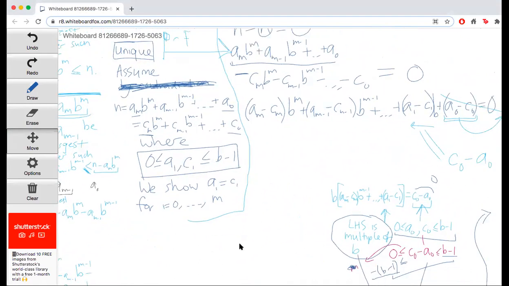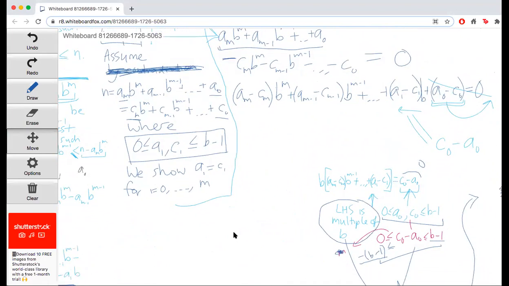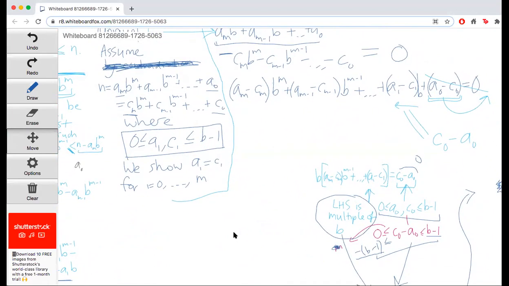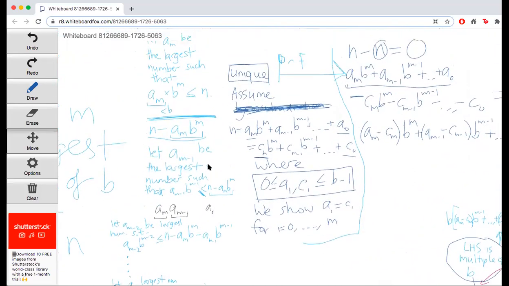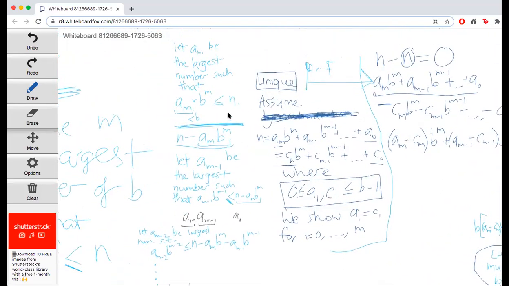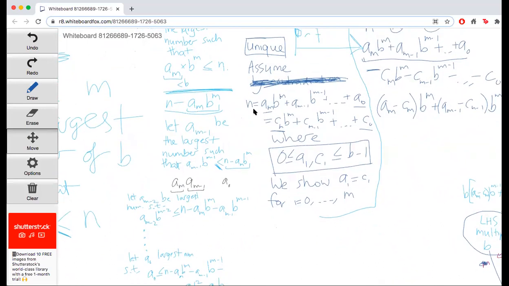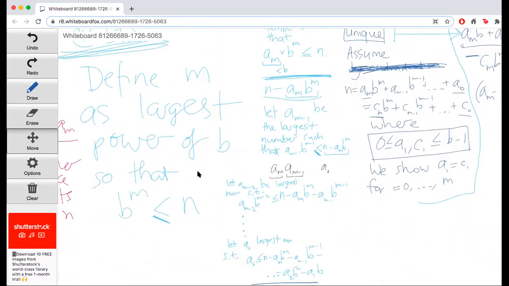Well, I guess we can just show that there can't be any more digits. So, b to the m was by definition the largest power of b, so that b to the m is less than or equal to n, right?